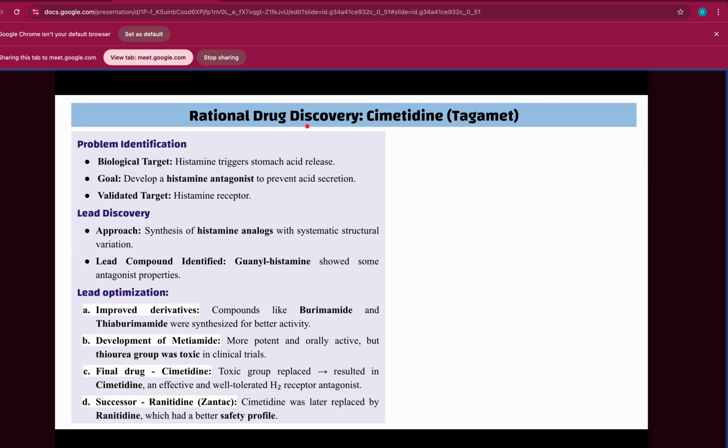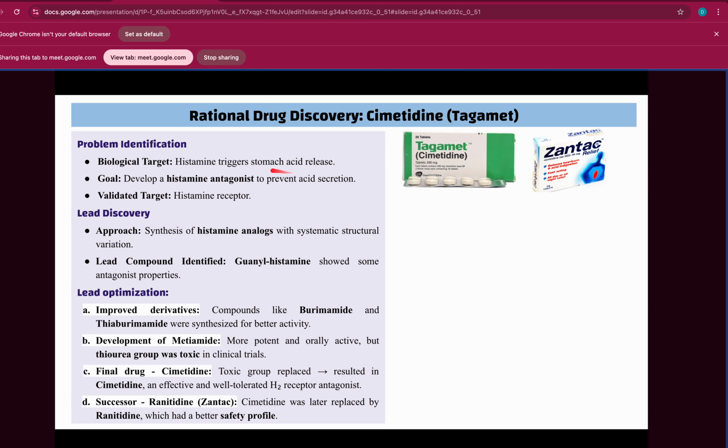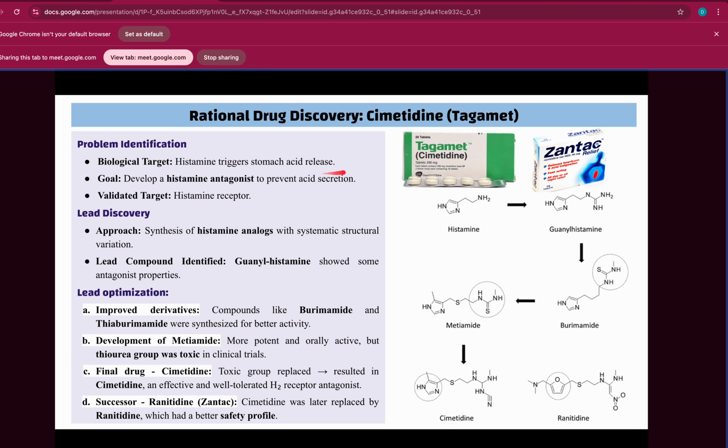Now there is one example of rational drug discovery. The drug is cimetidine, which is the name of that particular medicine. First of all, problem identification. The biological target is histamine, which triggers the release of stomach acid.